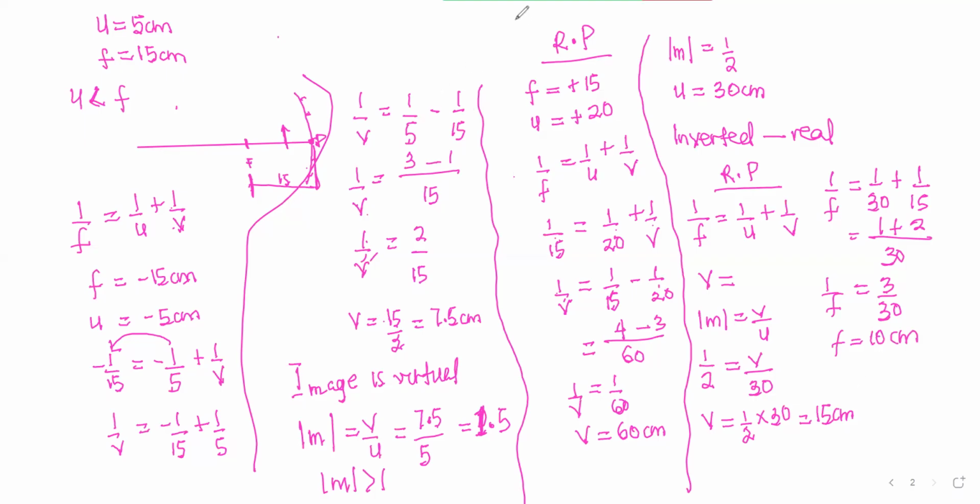So please, how many of you got this? How many of you got 10 centimeters for the focal length? Lam got it. Who else? Hefron. Hey, only the 2 of you.